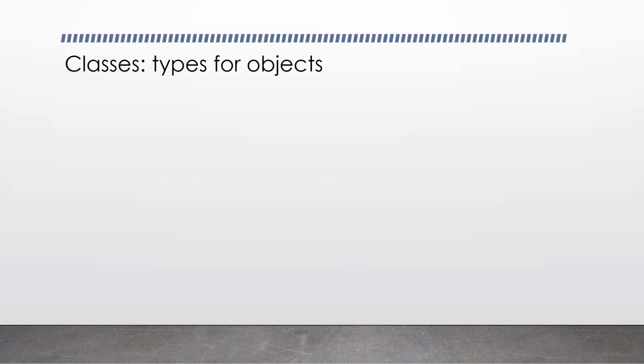Okay, now in C++, you never define something called an object. You define something called a class. And a class is a type of variable, just as struct was a type of variable for a data structure. Let's say we wanted to call our class motor vehicle.